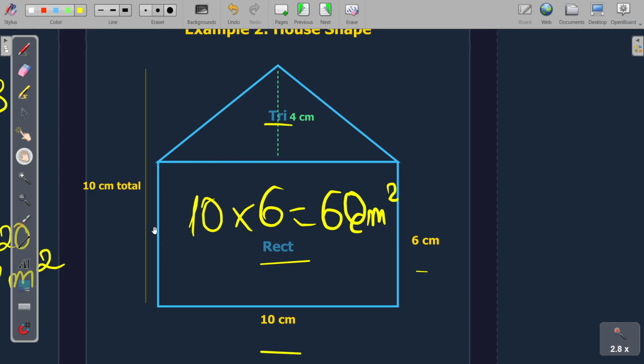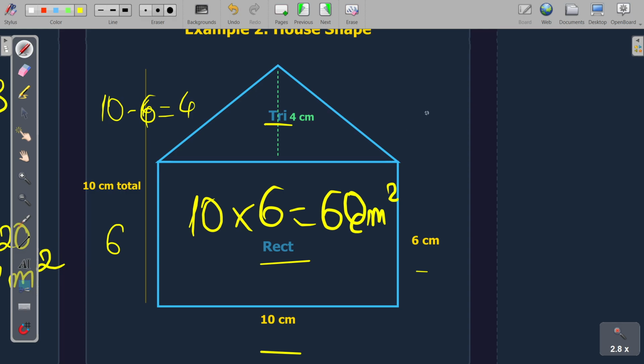Now we need to calculate the triangle, of course. Let's see, the total height of the house is 10 centimeters total. The rectangle takes 6 of this, so 10 minus 6, sorry, this will leave us with 4. I've already annotated this as 4, so the triangle's height is 4.